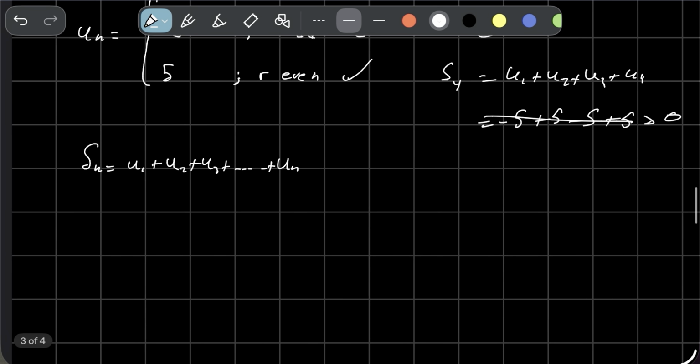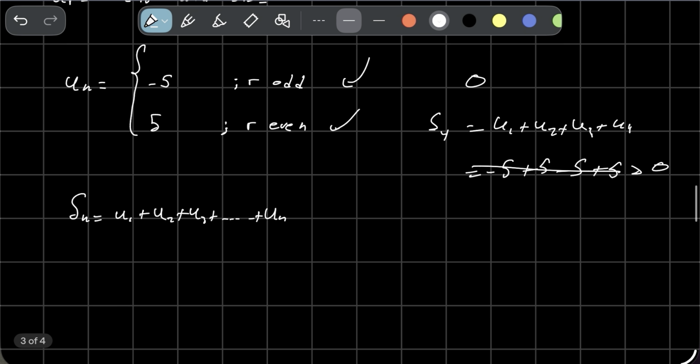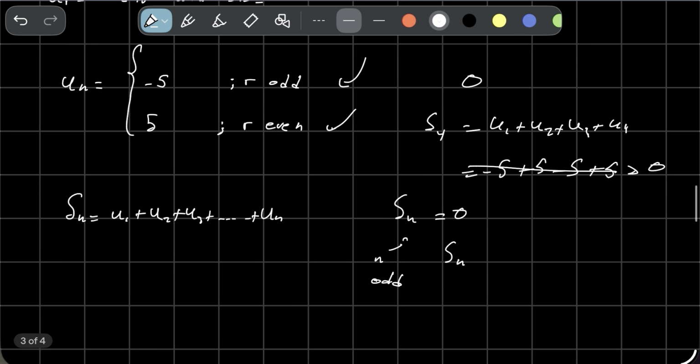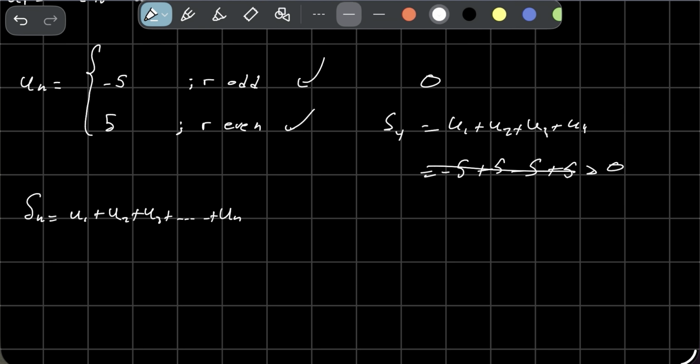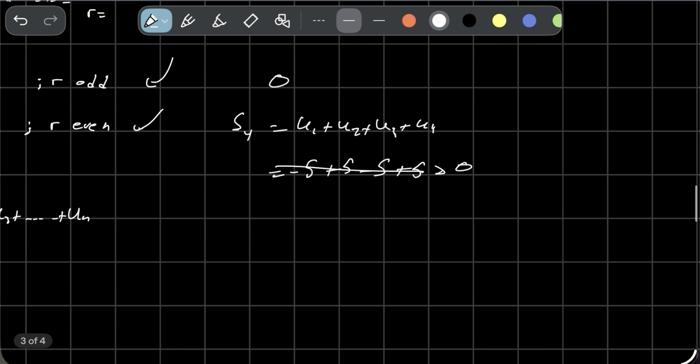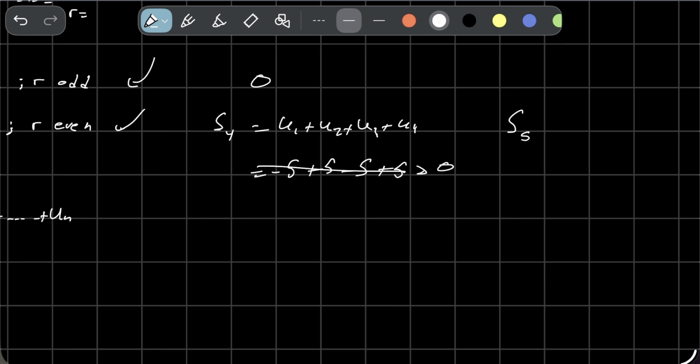Therefore, if the n in S_n is even, meaning that it gives us a certain number of pairs, then S_n will be equal to 0. But if the n in S_n is odd, then it would give us minus 5. Because let's say we have S5.